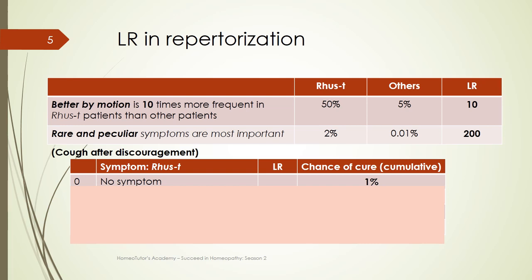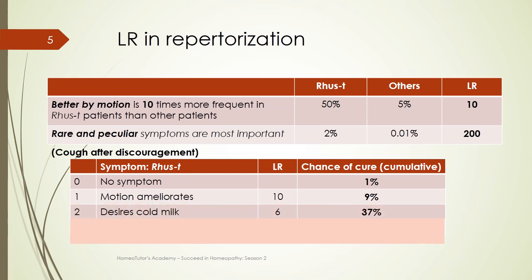If you have no symptom, then the chances of cure have been randomly put at 1%, something like a placebo effect. But if motion ameliorates, and we know that the LR, or the likelihood ratio, is 10, then you improve the chances of cure by 9%.